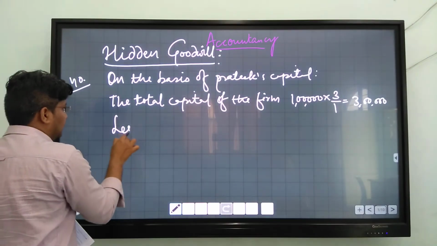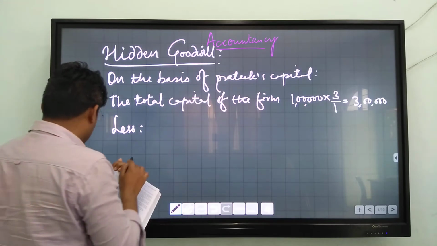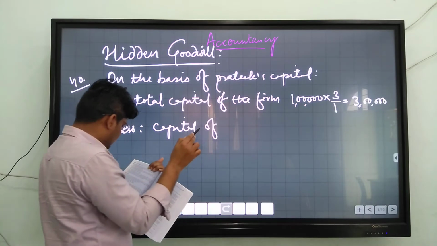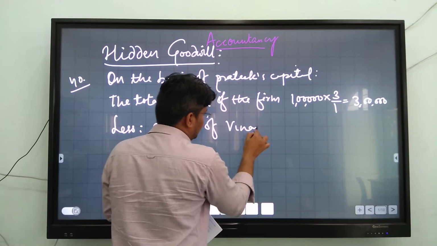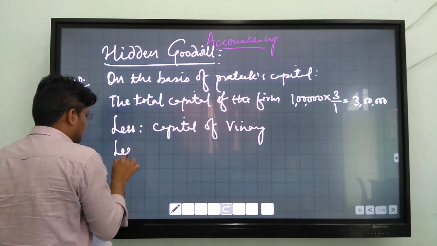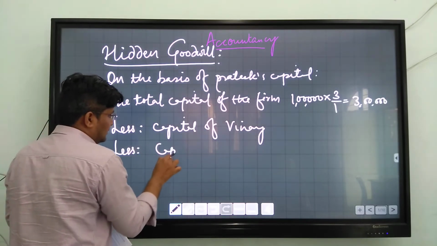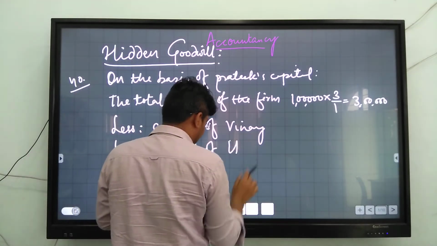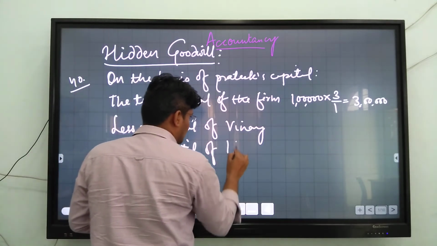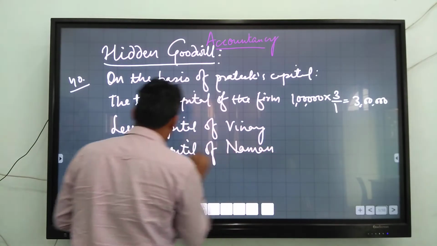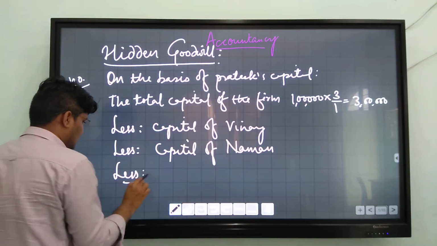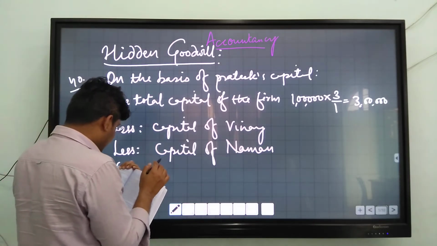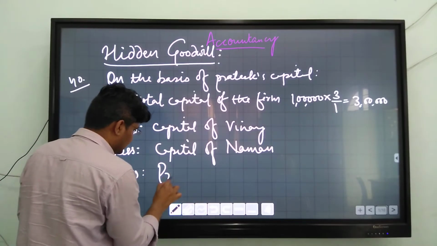After that, we have to deduct the capital of Vinay and the capital of the second partner Naman, and we also deduct the new partner's capital, Pratik's capital.